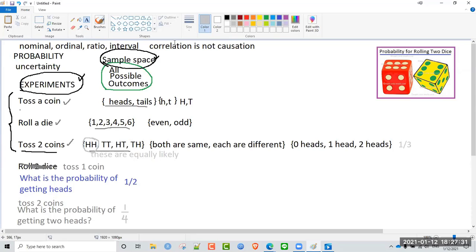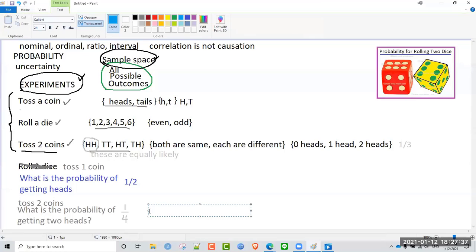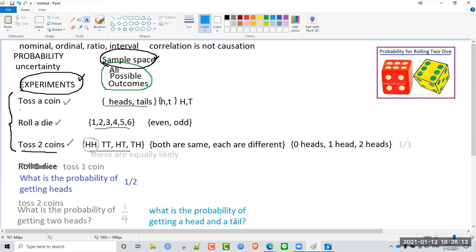So when we toss 2 coins, what is the probability of getting 2 heads? 1/4. Okay, let's ask another question, a similar question. Let's say, again, toss 2 coins. What is the probability of getting a head and a tail?